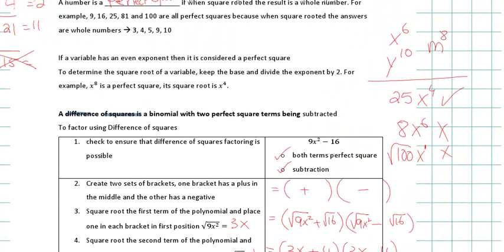Which means, if I have the square root of x to the power of 8, that's going to be x to the power of 4 because I'm dividing 8 by 2. What's the square root of x to the power of 10? x to the power of 5. What's the square root of x to the power of 6? x to the power of 3.